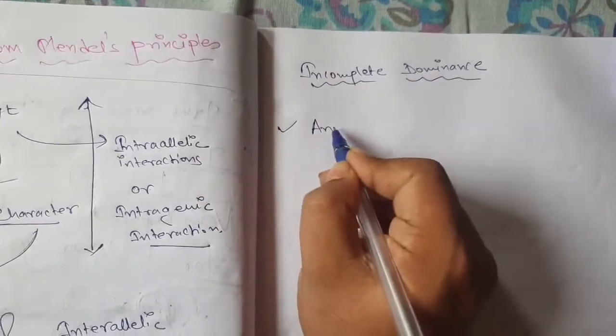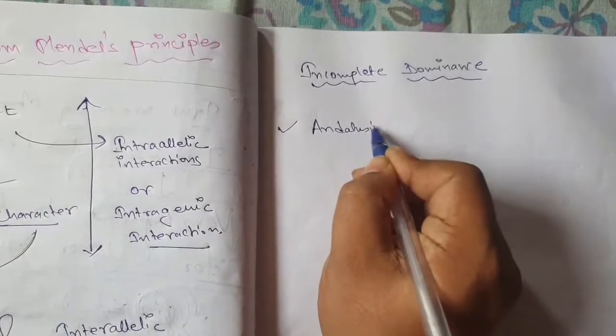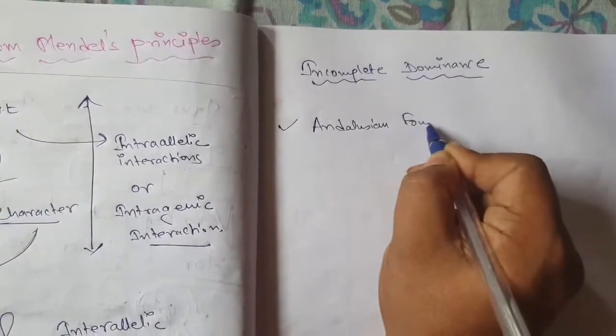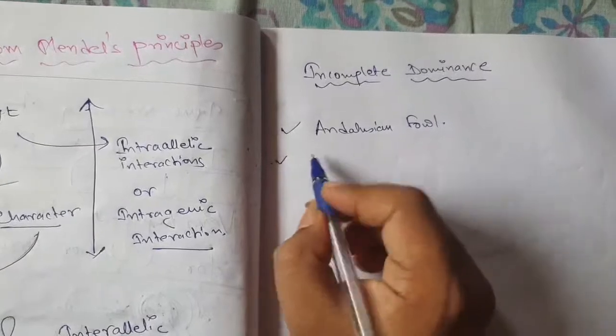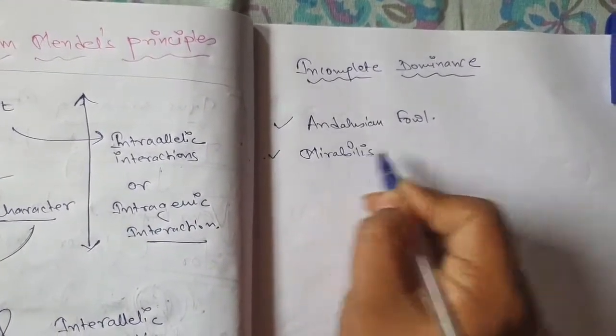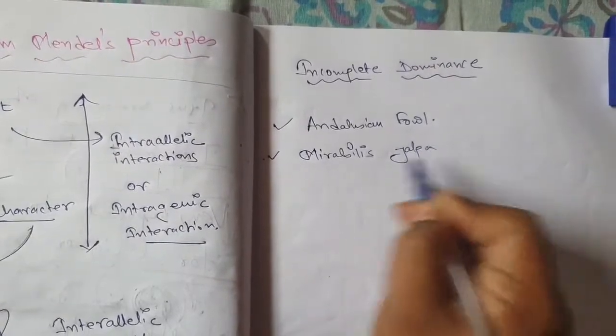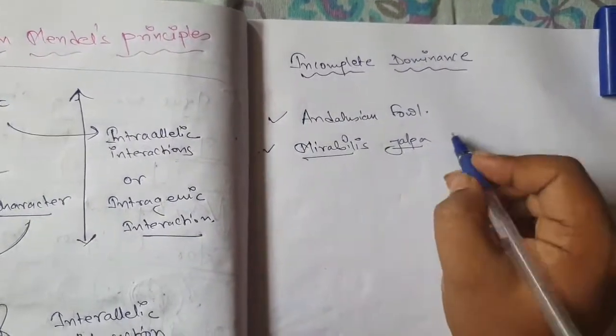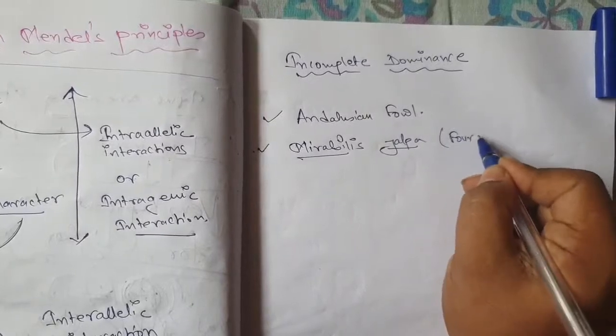One is the Andalusian fowl. Another is Mirabilis jalapa, which is the scientific name, also known as the four o'clock plant.